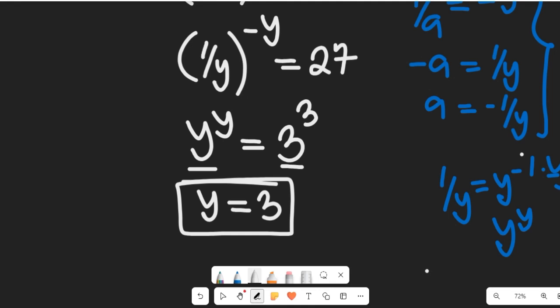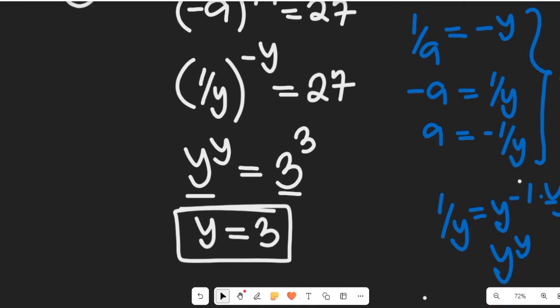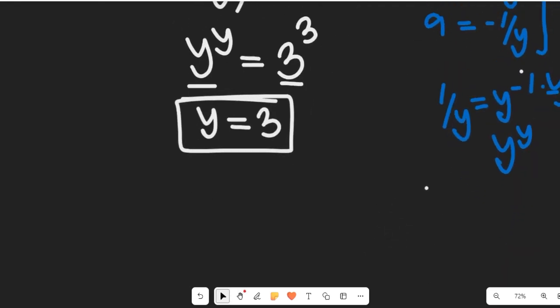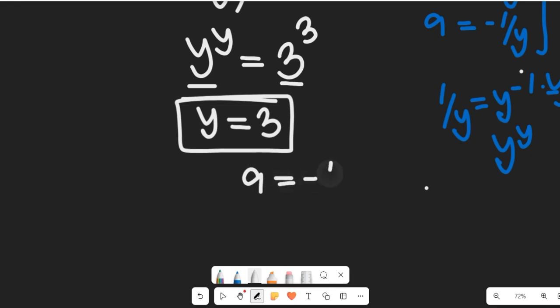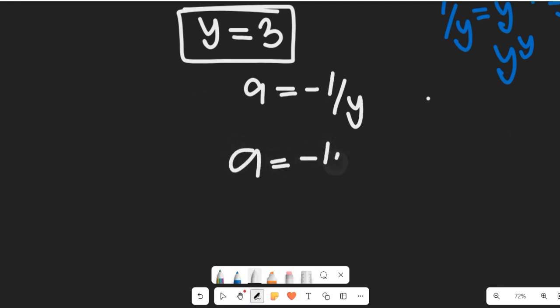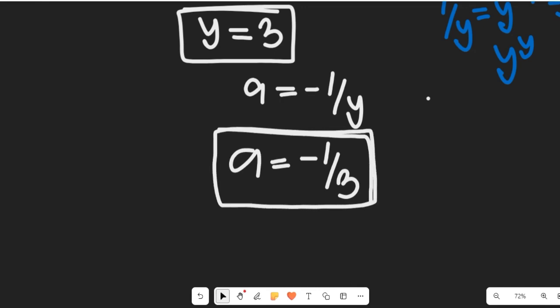And that is the solution to this expression. That is not the solution. Remember, we are looking for the value of a. And we said a can be equal to negative 1 divided by y, right? So the value of a will be equal to negative 1 divided by 3, and this becomes the value of a that satisfies that expression given to us up there.